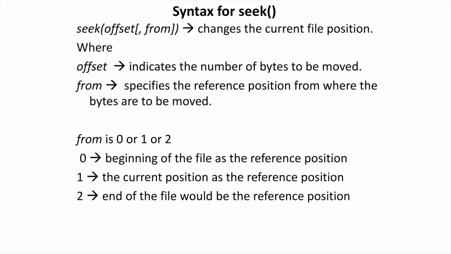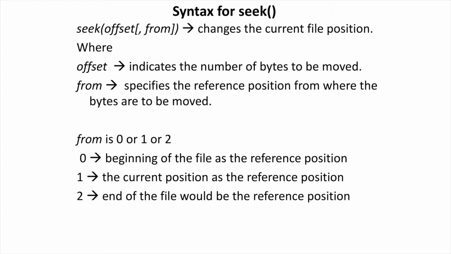So, here you can see the syntax of the seek method, which takes two arguments. The first one is offset, which is a mandatory argument. Following that, you have an optional argument. So, this is used to change the current file position.